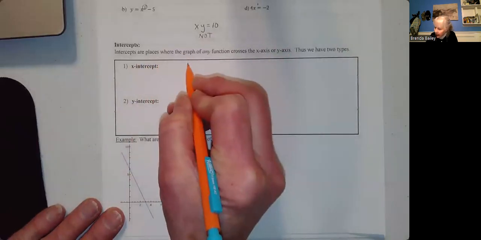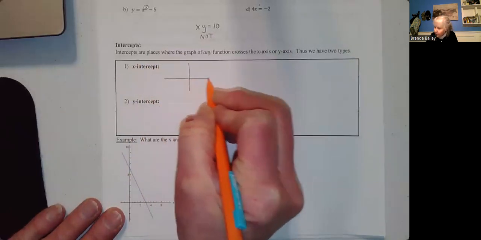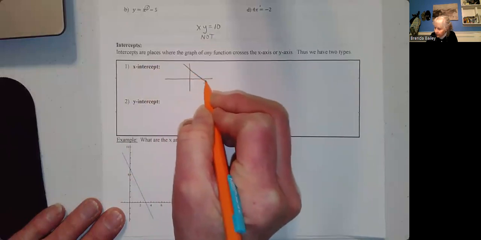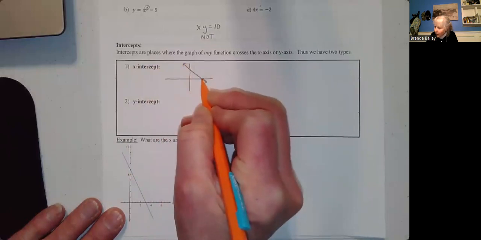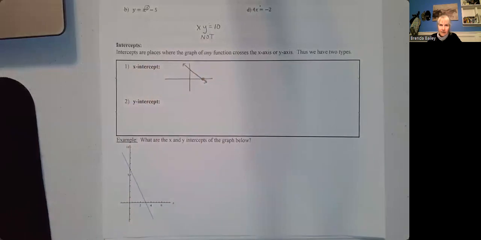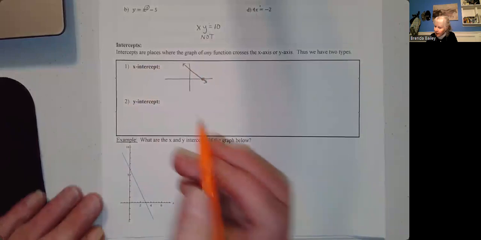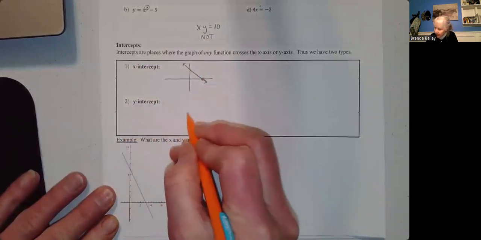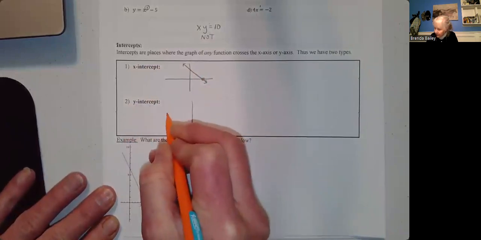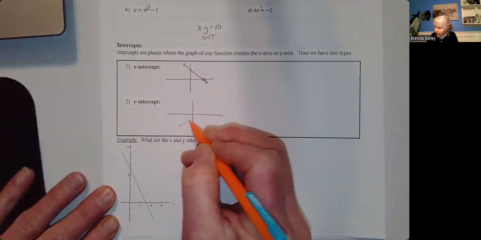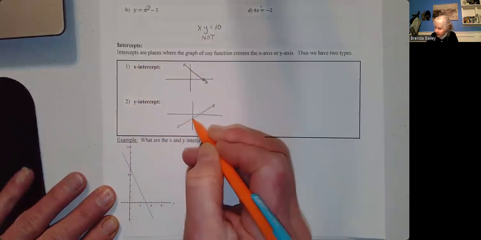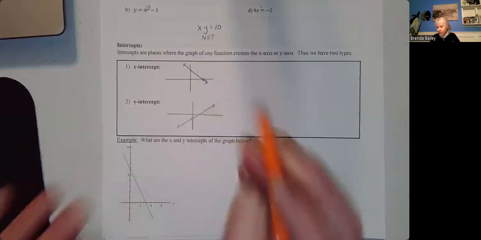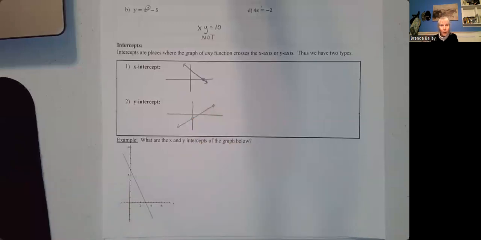So an example of the x-intercept here is, we would want to know where does it cross the x-axis. That would be the x-intercept, and how to find that. Y-intercept, again, if we're looking at a y-intercept, here. Okay, that would be an example of a y-intercept where it's hitting the y-axis.